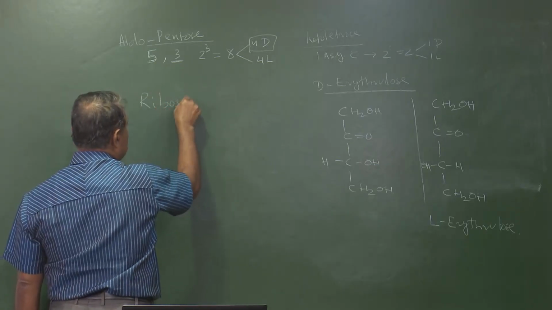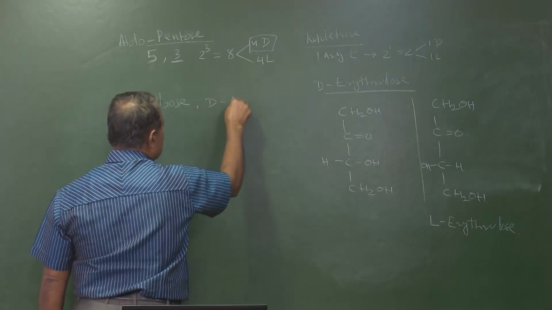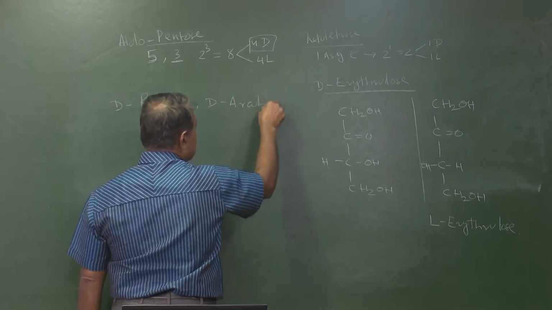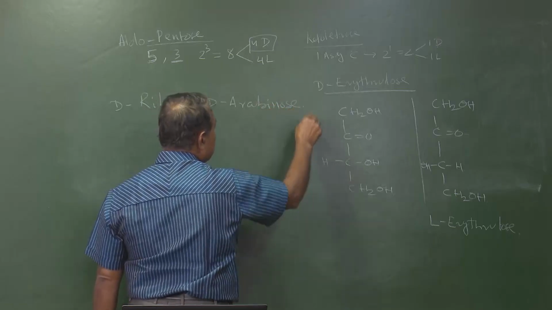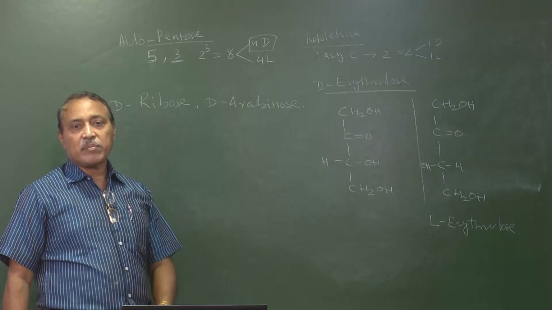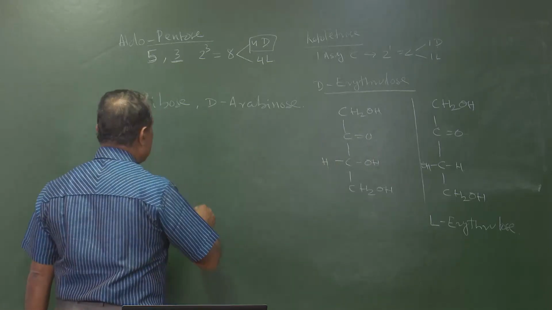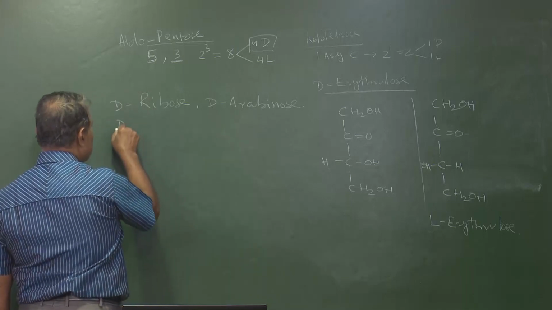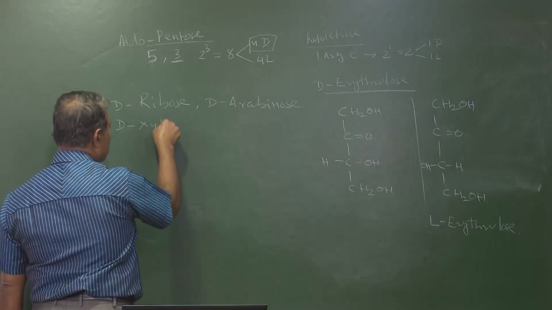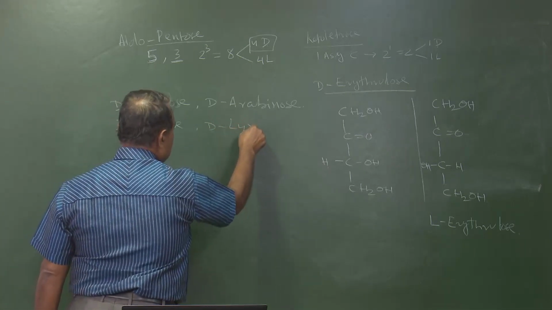Ribose, D-ribose, D-arabinose. It is very important that we remember the names and structures of these pentoses and hexoses, tetroses and trioses. D-arabinose, then D-xylose and D-lyxose.